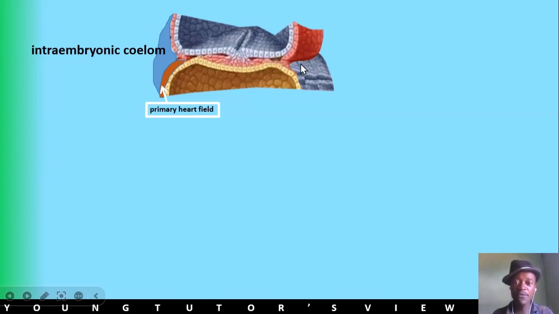So the cranial foldings are happening such that this primary heart field is folding in that manner, and this other part is also folding in that manner.